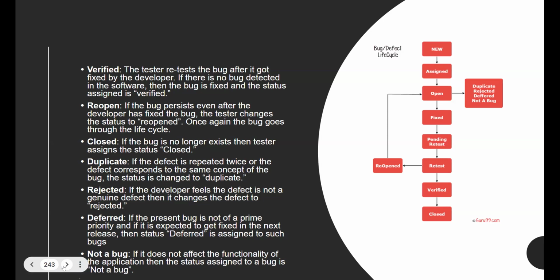Then not a bug. If it does not affect the functionality of the application, like I was saying, then the status assigned to the bug is not a bug. So sometimes color code, font size, and all that might not affect the functionality of the application. And then the developer might say, they are rejecting it and this is not a bug.